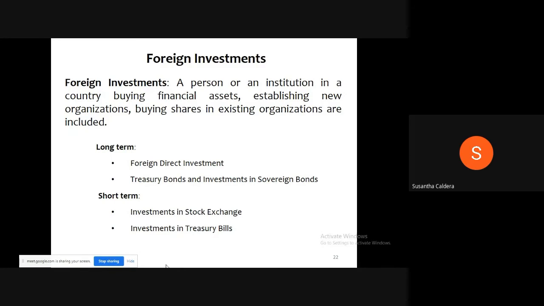Even we used to buy treasury bills. I remember sometimes when the bank rates are low, the treasury bill rates are much better than normal bank fixed deposit accounts. The 3 months, 6 months treasury bill rate is better. Then people will tend to invest money in treasury bills, right?